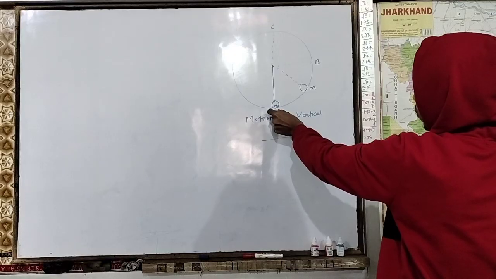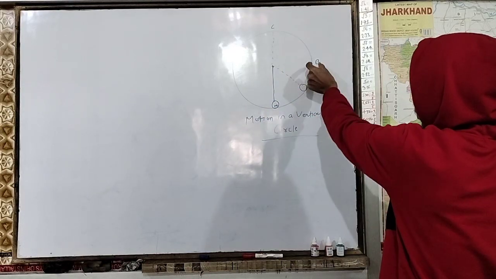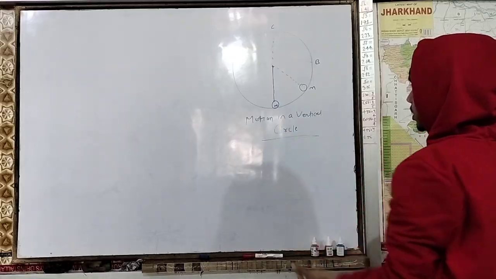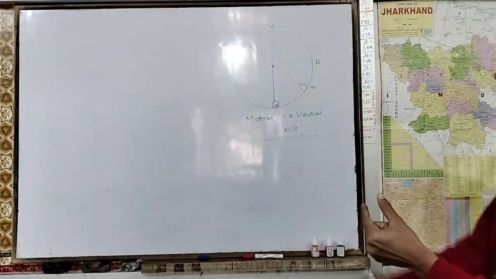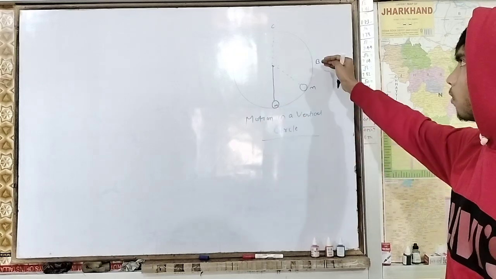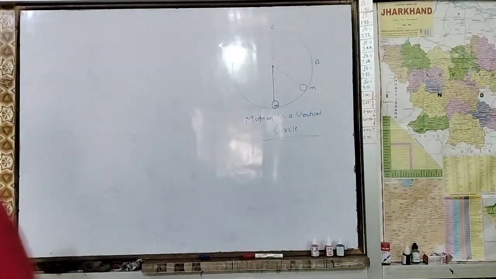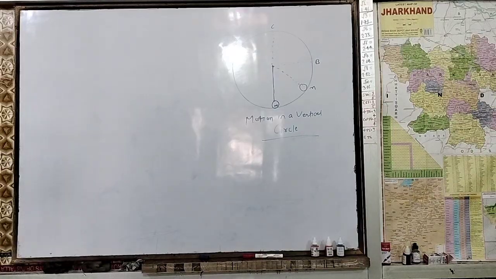Try to understand the meaning of this figure. When this object reaches point B, how much would the minimum potential energy be? What would be the minimum potential energy to bring this mass to point B?